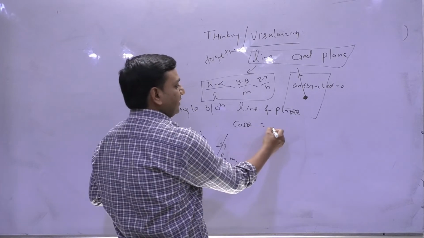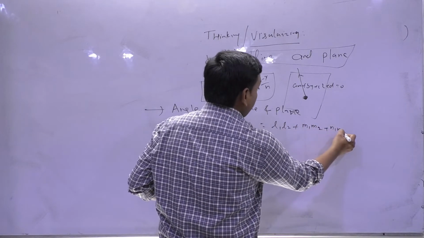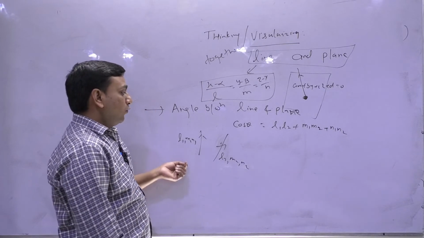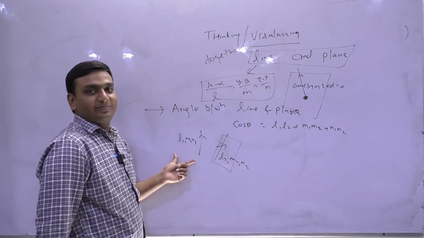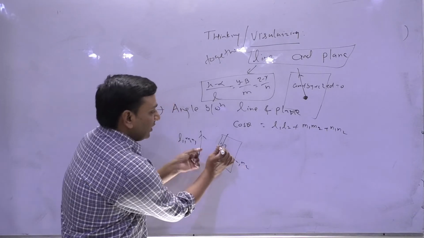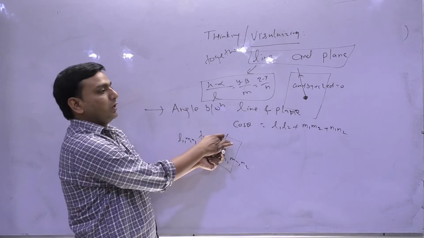So how the cos theta is calculated? L1 L2 plus M1 M2 plus N1 N2. There is no doubt in that. Now what happens if I think about this as a plane? So these L2, M2, N2 are the DRS of this line or not, which is perpendicular to this.